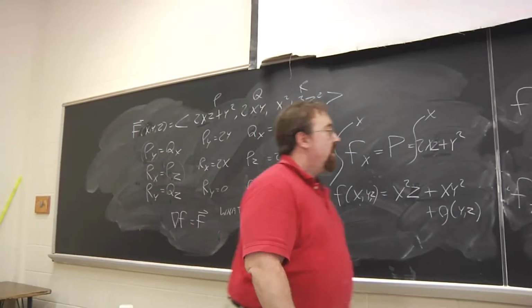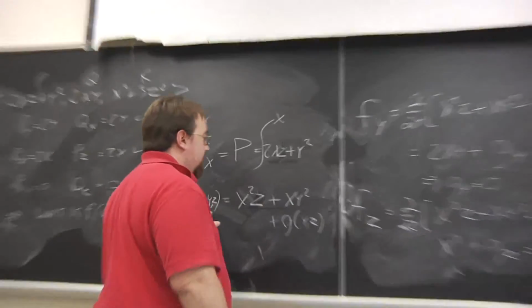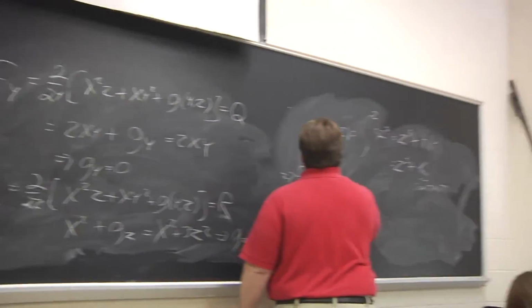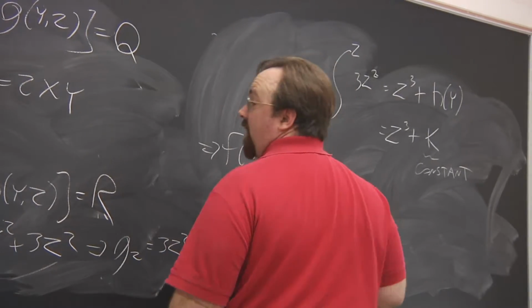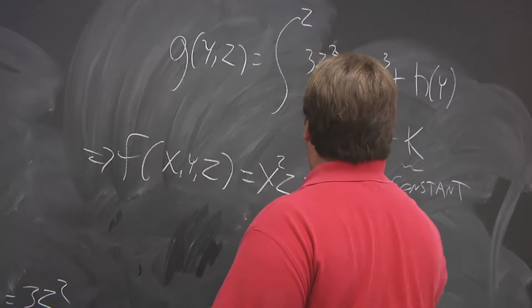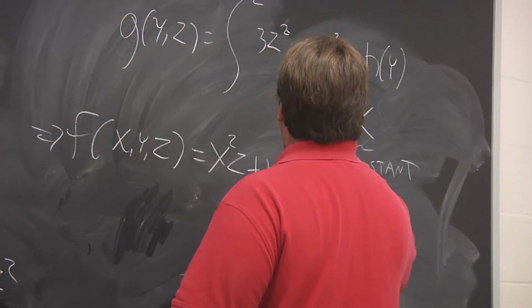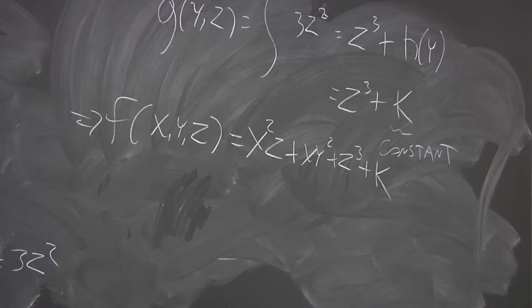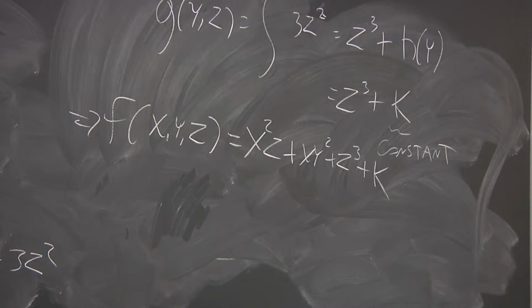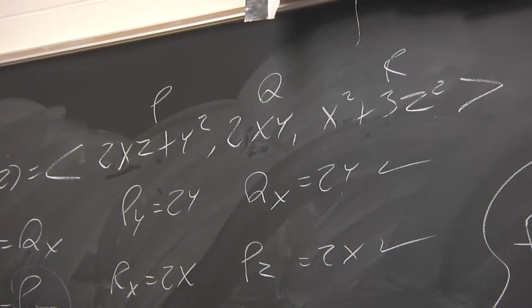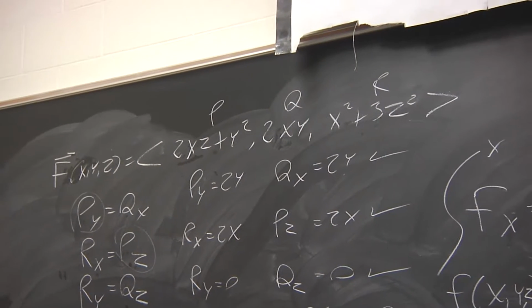So now we have our function little f defined completely. F of x, y, z is equal to x squared z plus x y squared plus z cubed plus any constant. And if you take that function and compute its gradient, you can verify that you'll get exactly these components of this vector field.